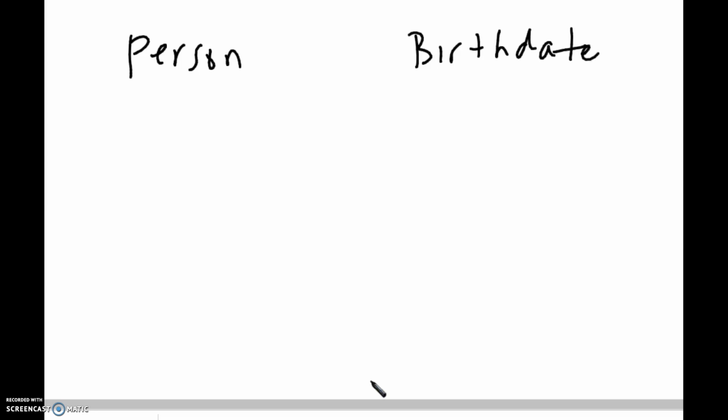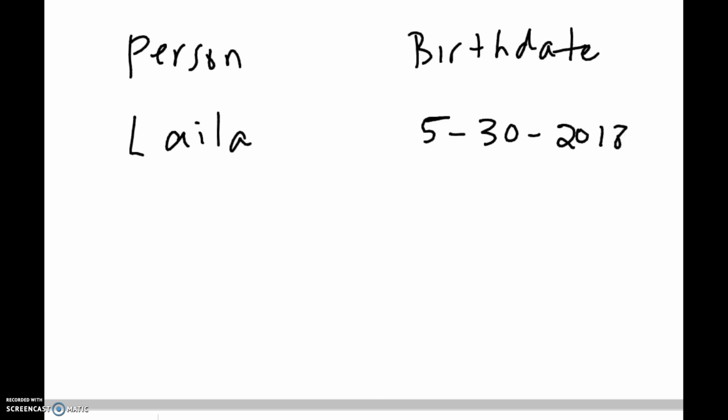And here's what it would look like. We'll have the person, and then we'll have the person's birthday. So, Layla might be born May 30th, 2018, and Layla would have one birthday.